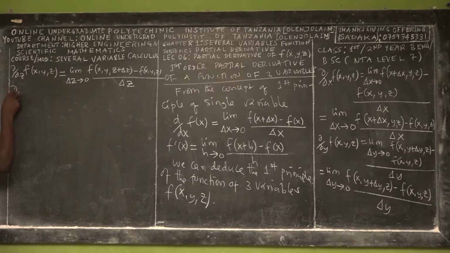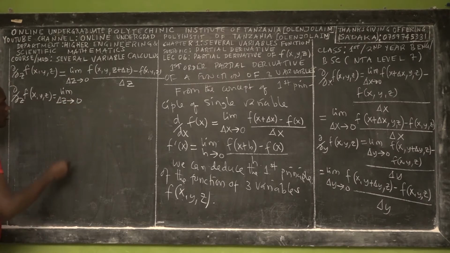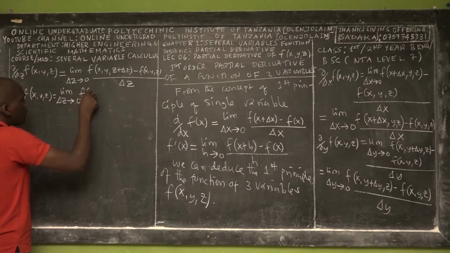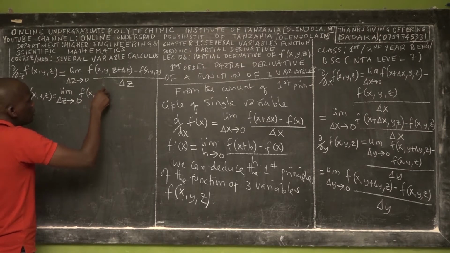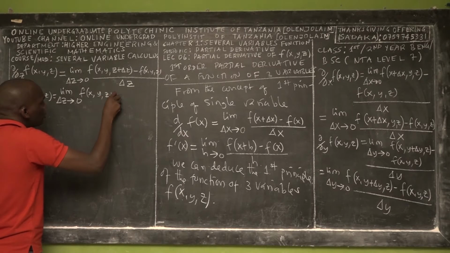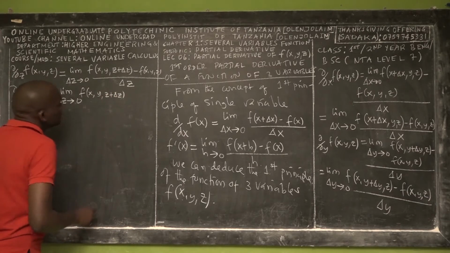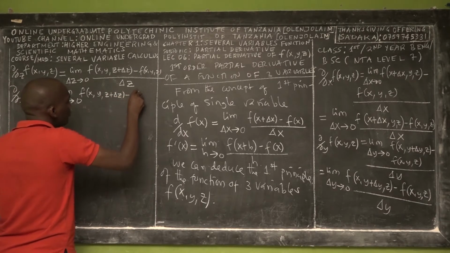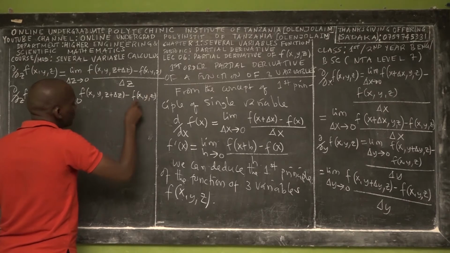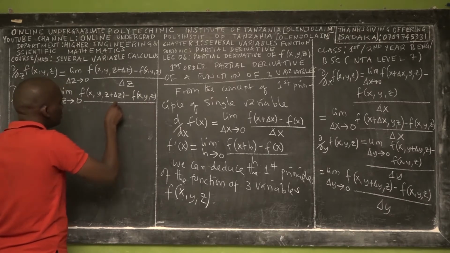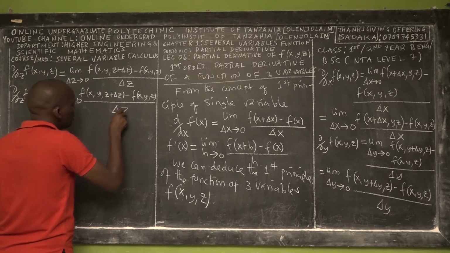Just to write it clearly: the partial derivative with respect to z of f of x, y, z is the limit as small change in z approaches 0 of f(x, y, z plus small change in z) minus f(x, y, z), divided by small change in z.